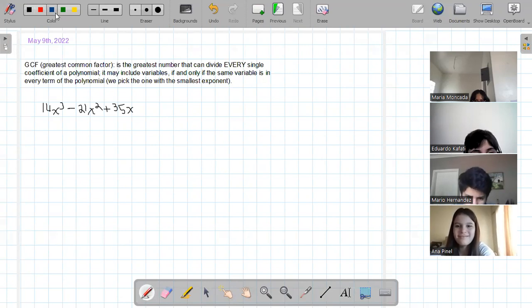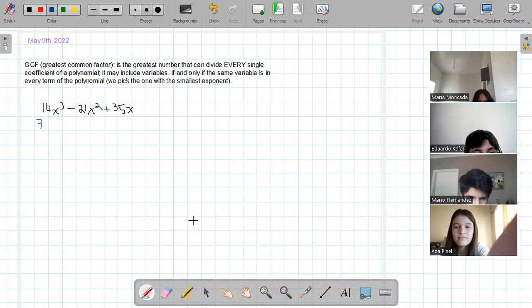So let's see. Let's go with the coefficients first. We got 14, negative 21, and 35. What is the greatest number that can divide all of those coefficients? 7. 7, very good. So I copy 7. What would be the variable?